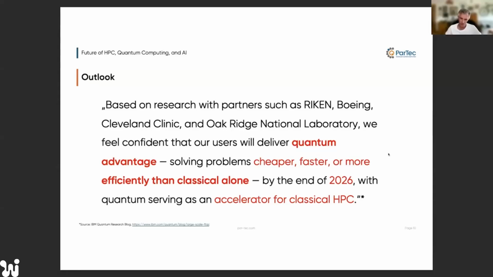Quantum advantage here is also cheaper, faster, or more efficient than classical alone. I'm not sure about these cheaper and faster things, but I'm very sure about more efficient than classical alone. So by integrating these different technologies, there can be an advantage for the users. And that is by the end of 2026, which is quite challenging.